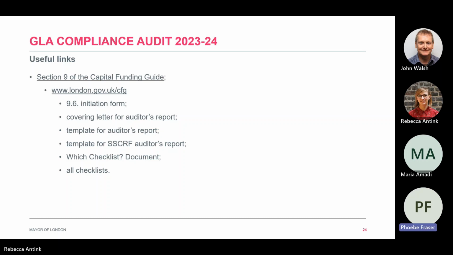That includes the initiation form, covering letter for auditor's report, template for auditor's report, the template for the SSCRF cladding report, and might be of use the which checklist document, which has each programme and then the checklist that it relates to. And you can also find under 9.6 all of the checklists.